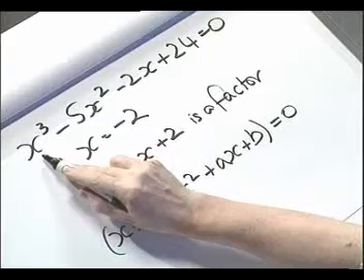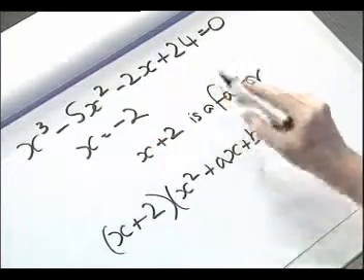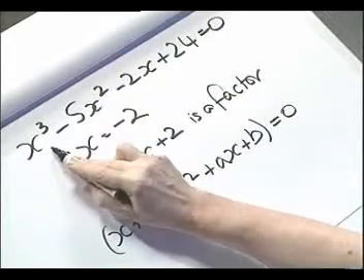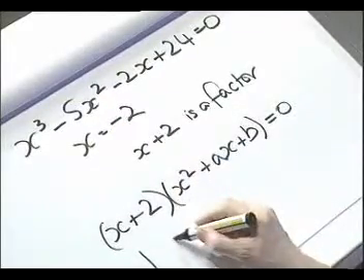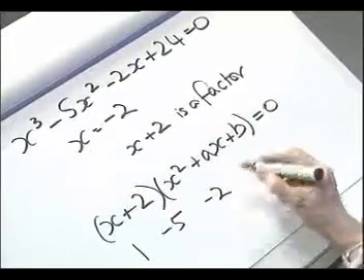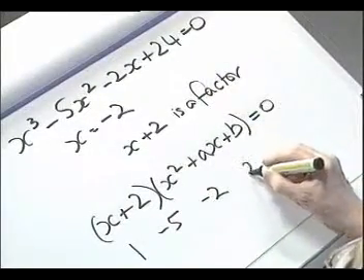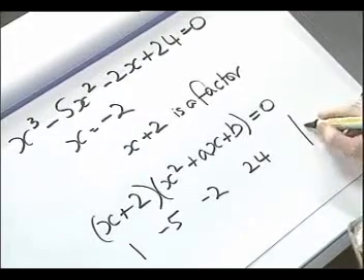So our task now is to find a and b, and we do this by a process called synthetic division. This involves looking at the coefficients of the original expression. So for instance, the coefficient of x cubed is 1, the coefficient of x squared is minus 5, the coefficient of x is minus 2, and the constant is 24. And we just write in that we're synthetically dividing by minus 2.